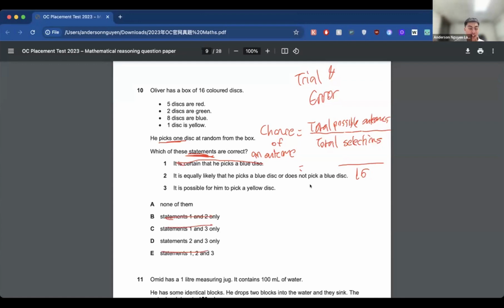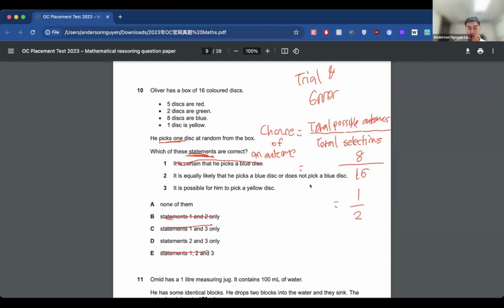Now, on to checking the remaining two. It is equally likely that he picks a blue disc or does not pick a blue. Meaning that your chance of getting blue has to be half, equal yeses and equal nos. So now you get to figure out how many blue options are there to pick from. Possible blues, there's 8. So 8 over 16, you simplify that, that's half.